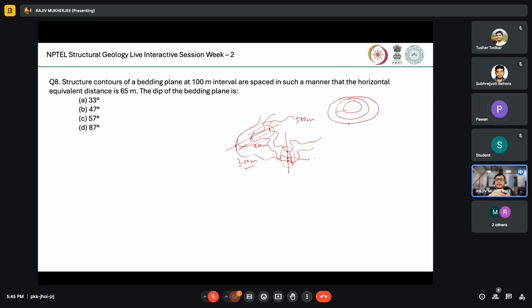Whenever we have a structure, a bed, or a lithological unit, a rock unit, to define its structural attributes, we use the term dip. But mathematically they both represent the same thing, the inclination with respect to the horizontal plane. Slope is also the same thing, but if erosion is more, then the dip stays similar while the slope will be changed.